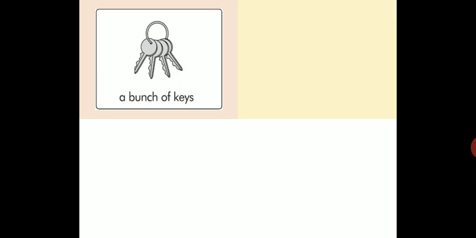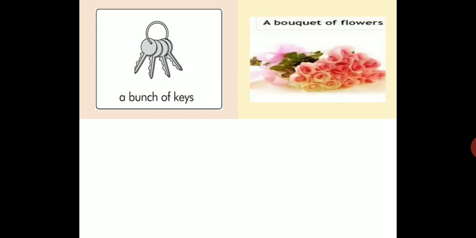Next, if you pluck a flower, if you have only one flower, then you can say I have a flower, right? But if you have a collection of different flowers, more than one or two, then what can you say? It is a bouquet of flowers.